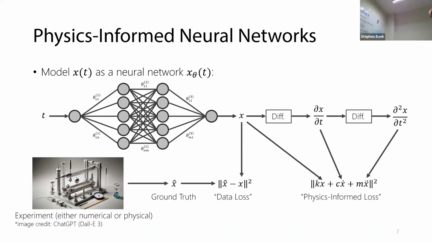So you're not only minimizing the data loss, but also the physics-informed loss, or the residual of the differential equation. And if you train in this way, you should be able to train the neural network in a more reliable manner, is the argument of Raissi et al., who proposed this idea of physics-informed neural network. Questions so far?